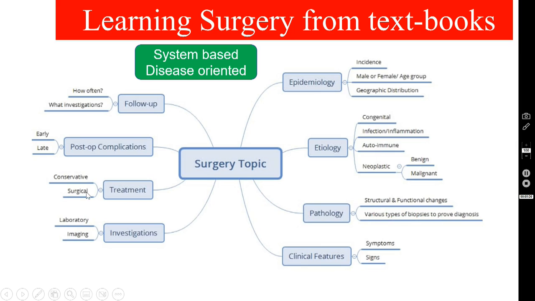But for undergraduate students, you need not know the various steps of the surgery, but you must know what is the name of the surgery. At least you must know, because you are not going to do the surgery. So you have to know only the name of the surgery.